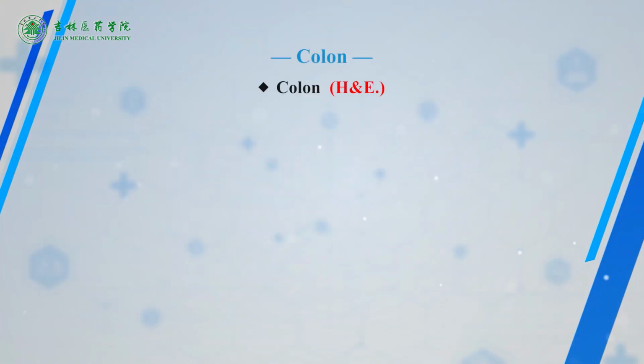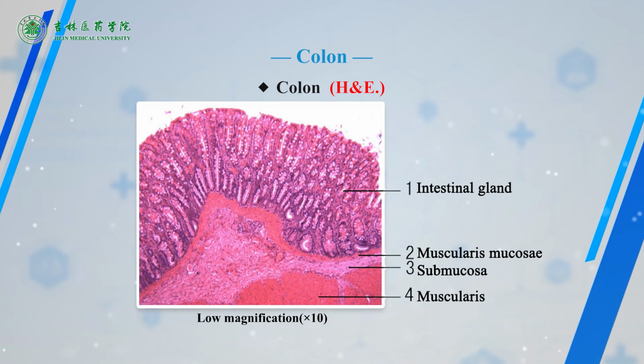The seventh slide, colon, obtained from the section of the colon, H.E. staining. Identify the mucosa, the submucosa, and the muscle layer. Observing carefully, you can see the colon has plicae circulares but no villi.